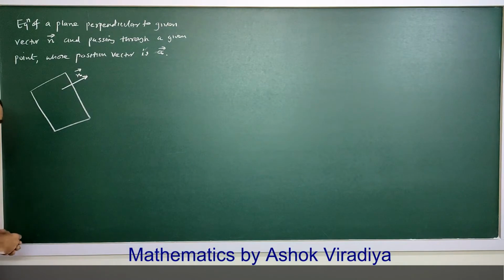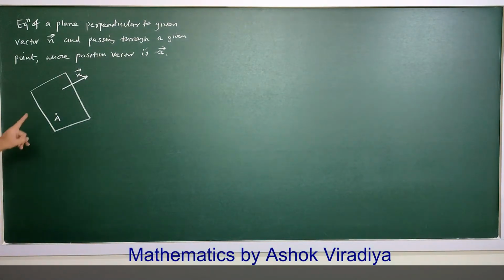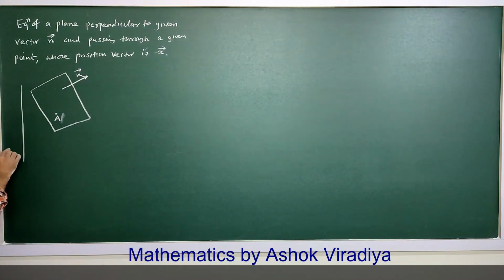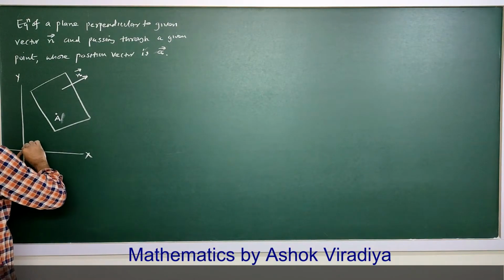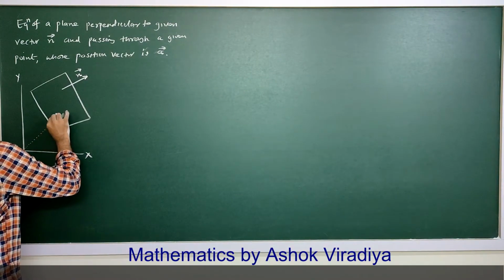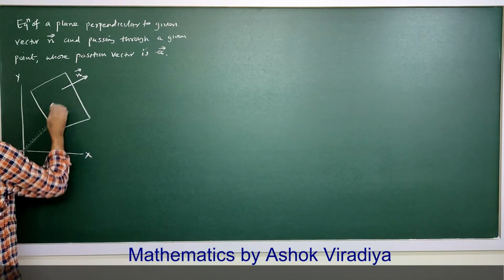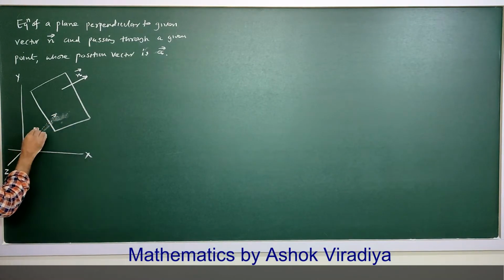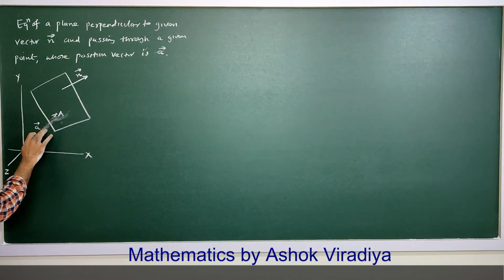This is given, and a point through which this plane is passing, position vector of this point is, suppose somewhere here this is x-axis, this is y-axis, this is z-axis, then position vector of this point is vector A. So position vector of a point on plane is vector A.